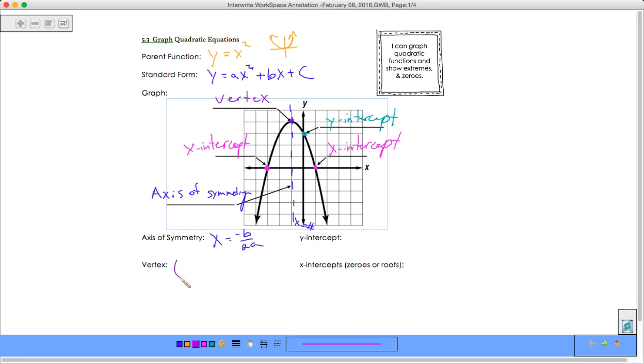So the x value is always negative b over 2a. But then we have to solve to find y. So we're going to plug in x and solve for y.